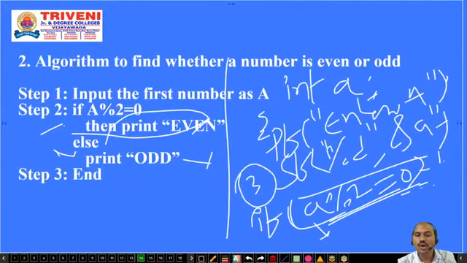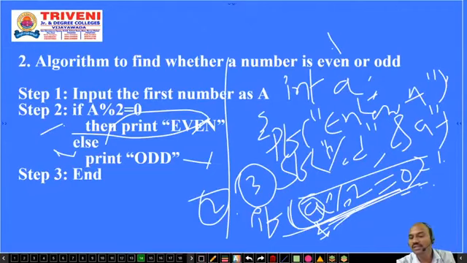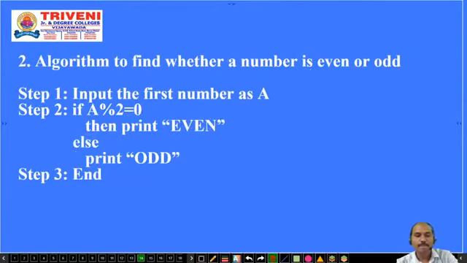For example, take another number, 2. 2 is obviously an even number. You check the if condition, the remainder is 0, that means the even statement will be executed. So this is the algorithm for even and odd.